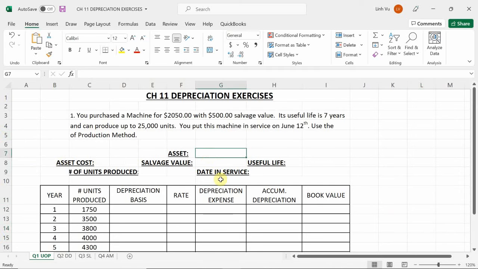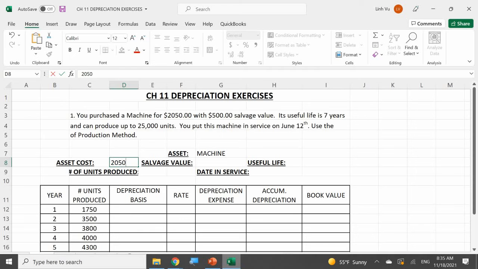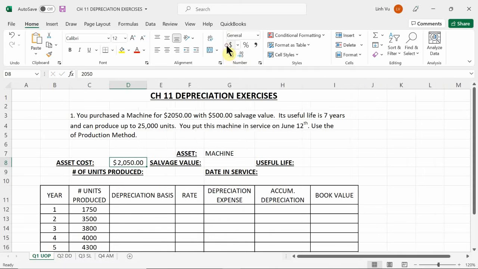Let's see. What did we buy? We bought a machine. How much did the machine cost me? $20.50. Good. Well, how much is my salvage value? $500.